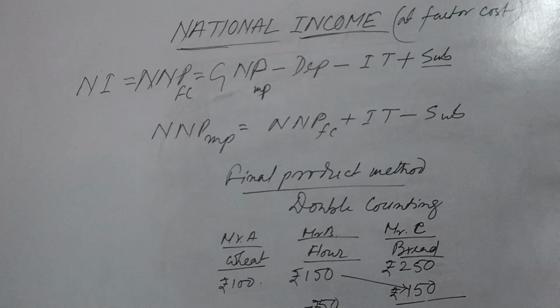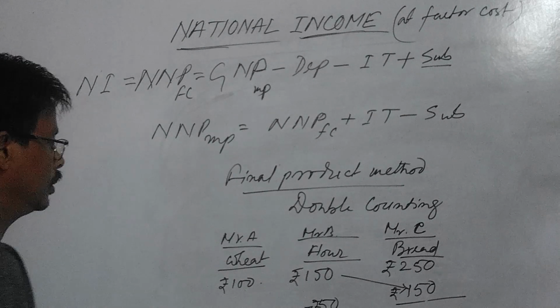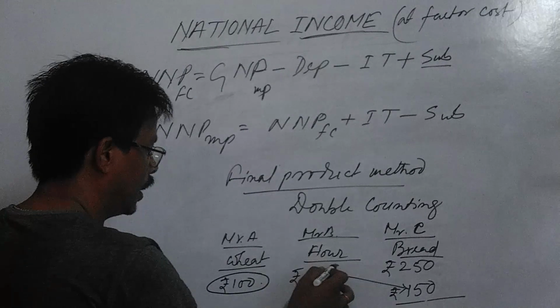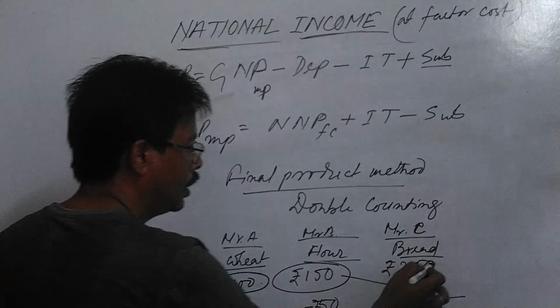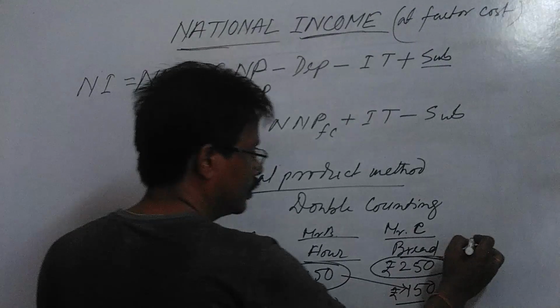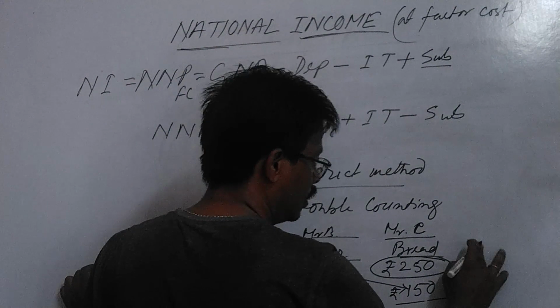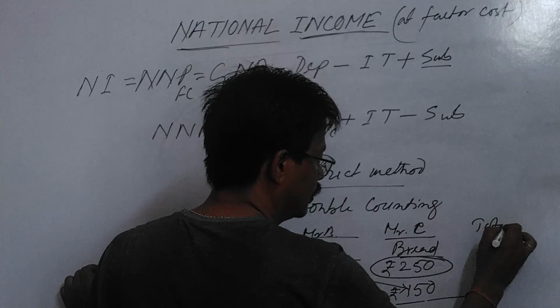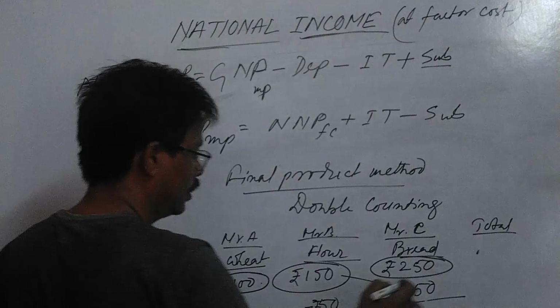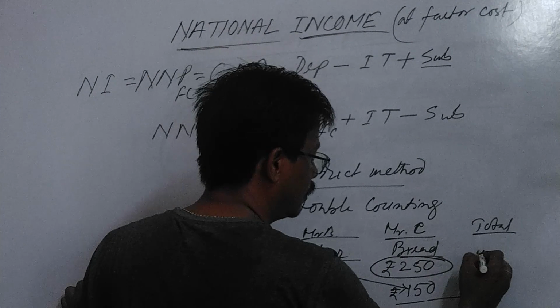Now if we calculate national income in the final product method, the final production of wheat is 100, the final production of flour is 150, and the final production of bread is 250. Then the total will be 500.